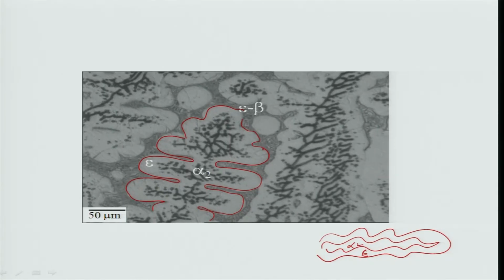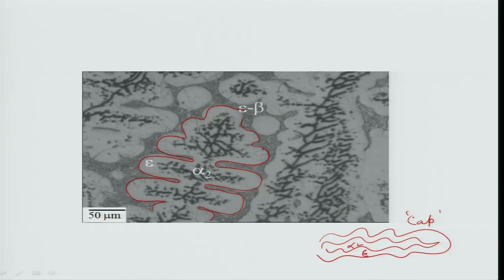So the morphology which you see here is like a cap of epsilon on alpha 2. This kind of morphology, known as cap morphology, is a signature of peritectic reaction. So by looking at this microstructure in an optical metallograph, you can say that there is a peritectic reaction.